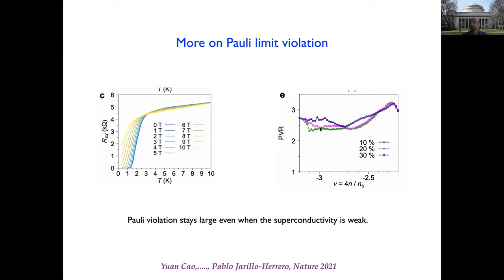But it's non-zero even all the way out to a filling of around -3, where the superconductivity is weakened quite significantly. So even though the bare TC is weak, it still manages to resist magnetic fields out to fields that are much bigger, by at least a factor of 2, than the Pauli violation limit.